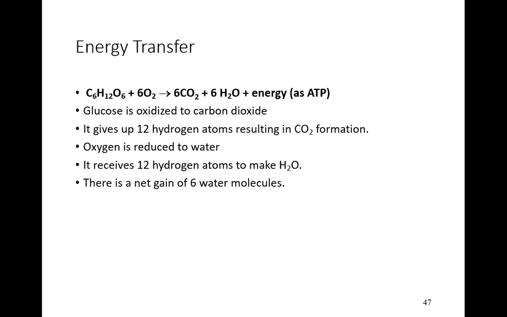And it will cause the release of energy, which we can capture as ATP. When we're burning our candle, we're not capturing any energy. We're getting heat and light coming off of it. But if there was a way to capture that, we would. But this is the formula that cellular respiration will follow.